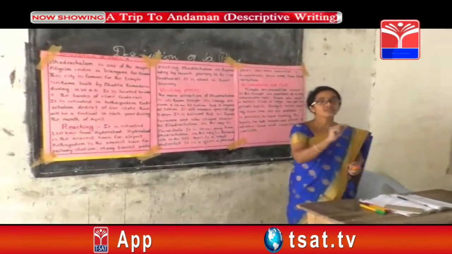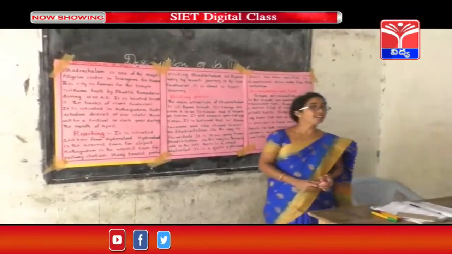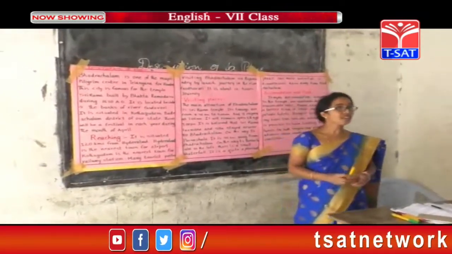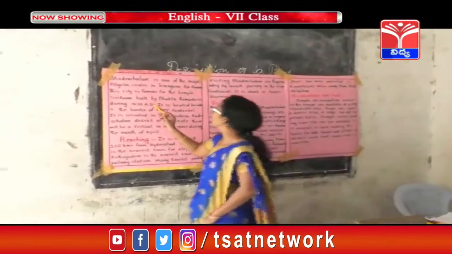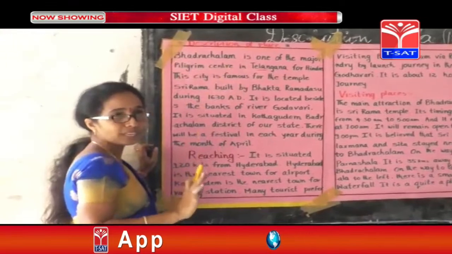The first point that we have to cover is where the place is located and what it is famous for. If you watch here, you see it is located in Telangana. That's very clear.